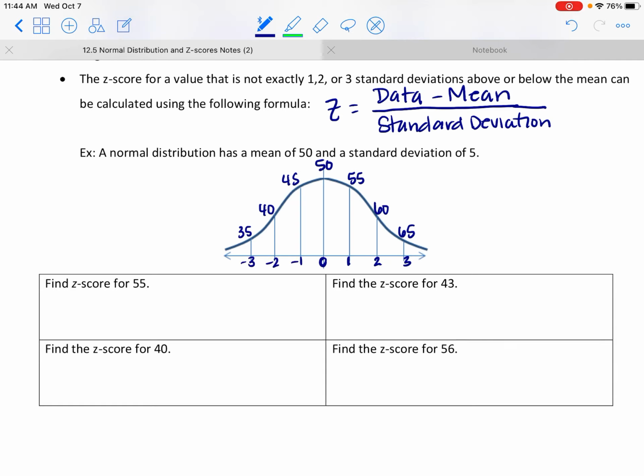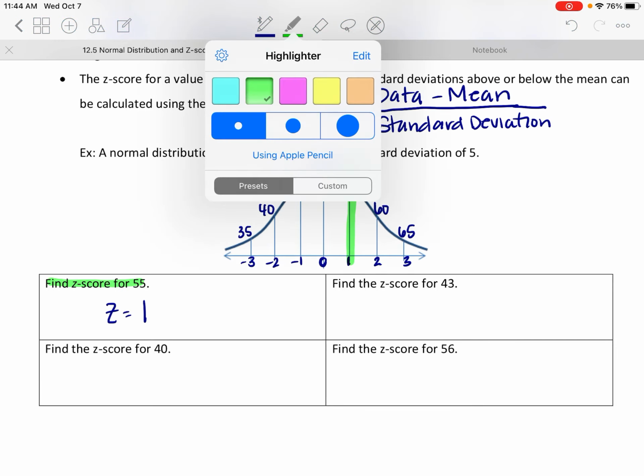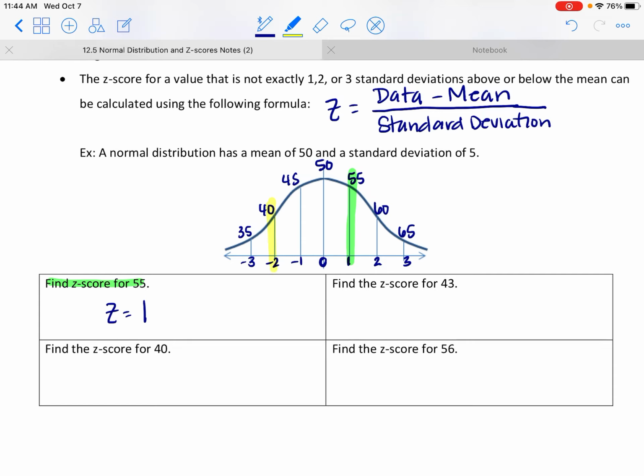Okay? So if I said, what is the z-score for 55? Well, the z-score for 55 is 1. 55 is 1 standard deviation above the mean. So z equals 1 for 55. I don't need a formula to do that.